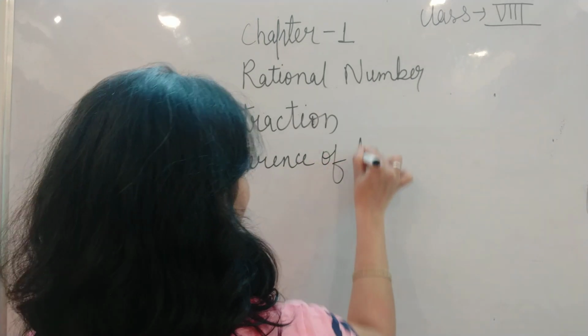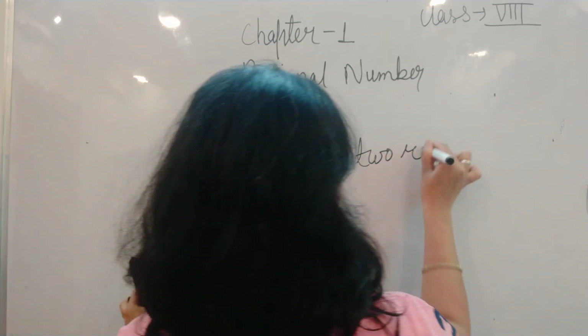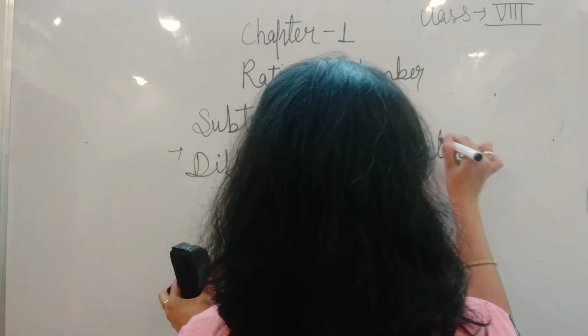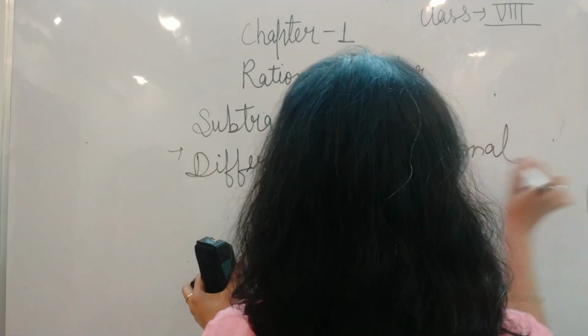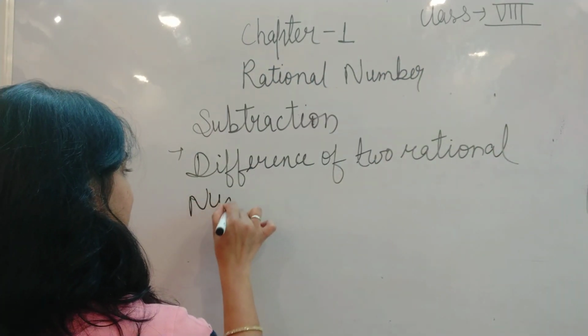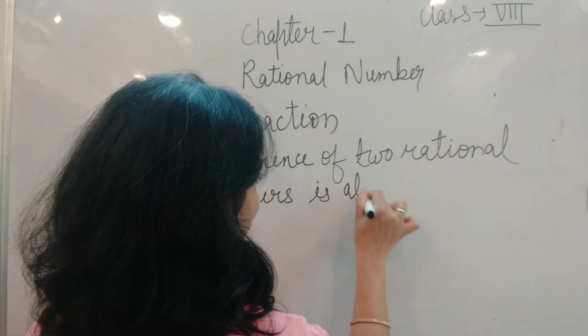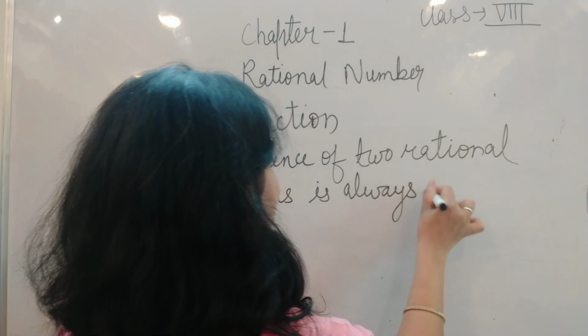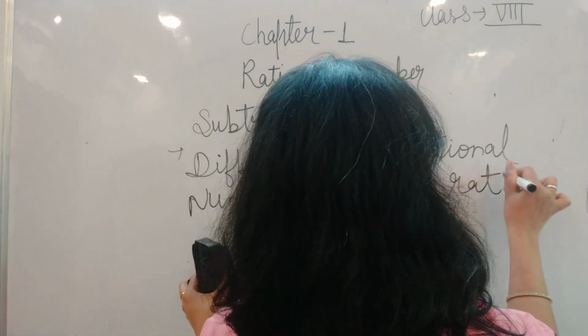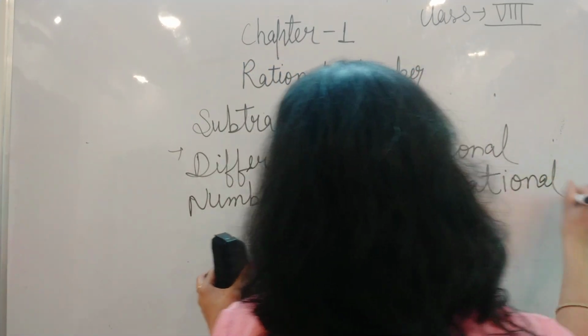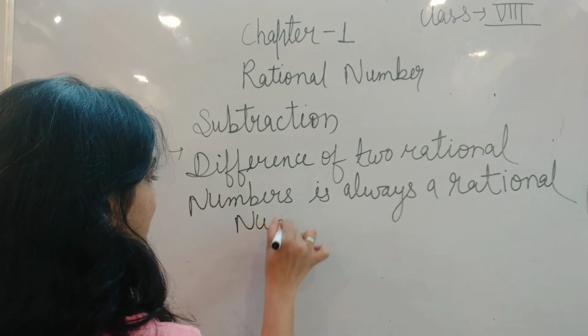Difference of two rational numbers is always a rational number.